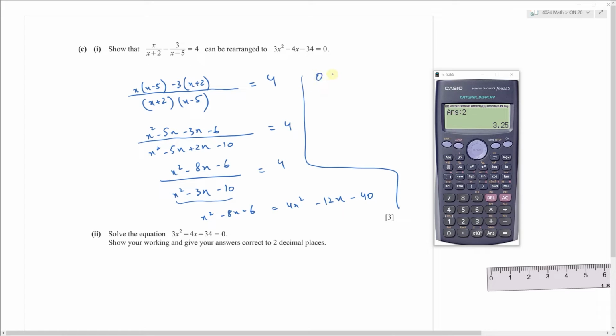So this will become 0 on the left, 4x squared, and this will become minus. So 4x squared minus x squared will be 3x squared, minus 12x plus 8x, minus 12 plus 8 is minus 4x. And minus 40 plus 6 will be minus 34. So this is 3x squared minus 4x minus 34 equals 0. This is the same answer that you had to show.